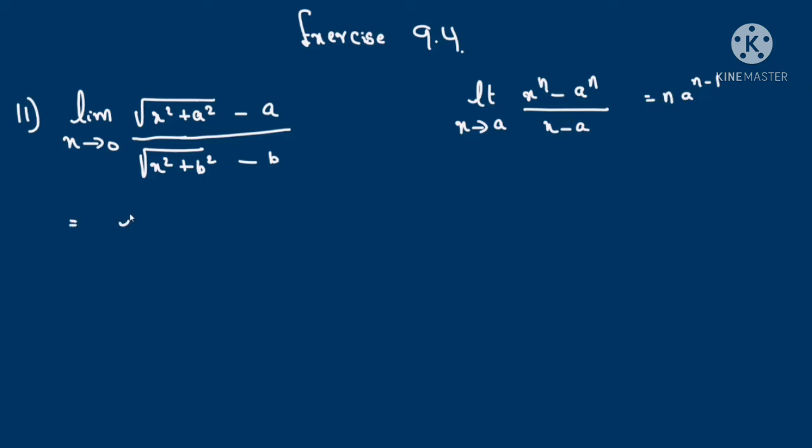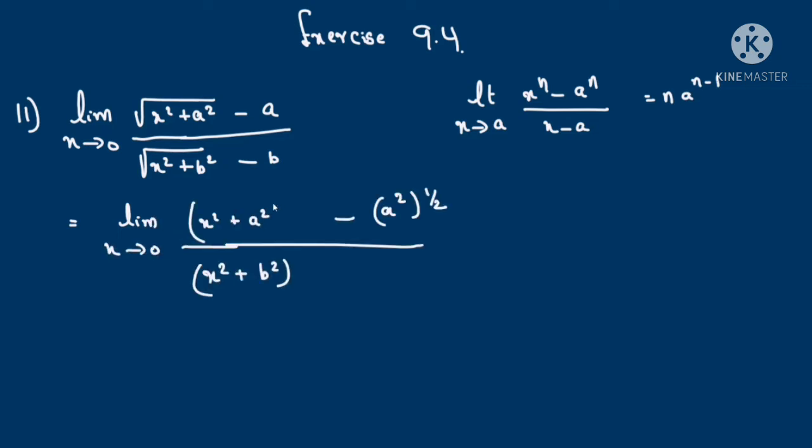So we can write this as limit x tends to 0. We can write it as x square plus a square to the power half minus a, you can write it as a square to the power half. The same way, the denominator, x square plus b square the whole power half minus b square the whole power half.